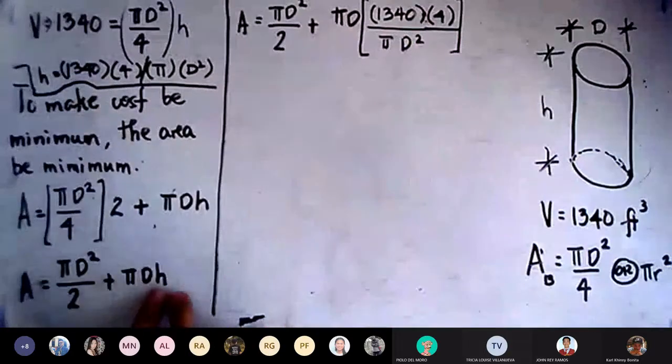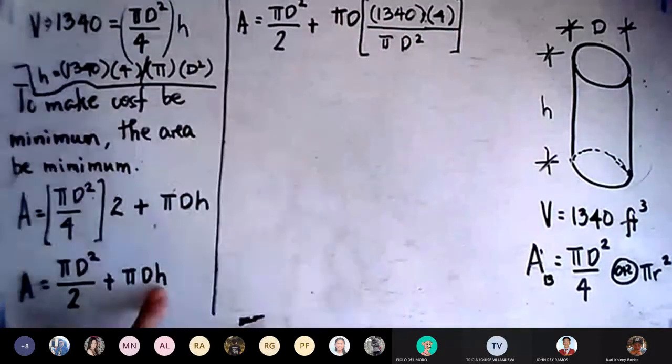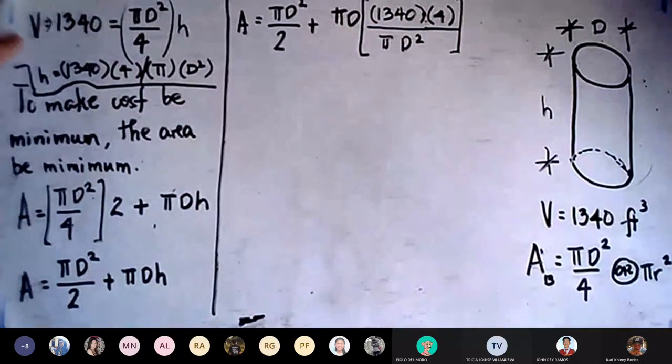We express the value of h in terms of the diameter using the formula for the volume.